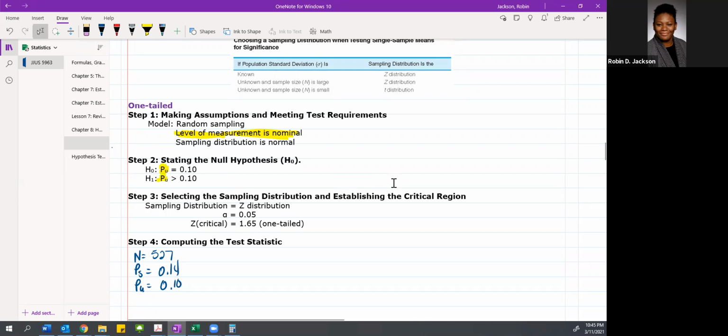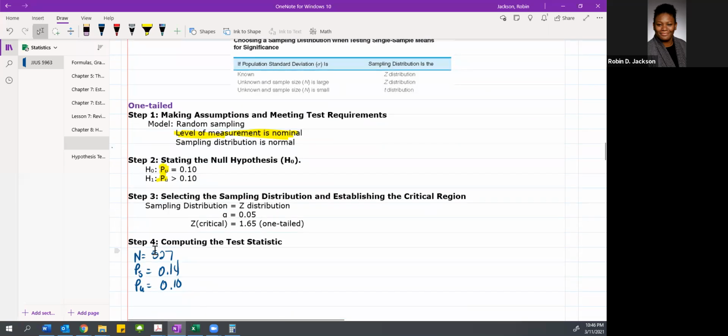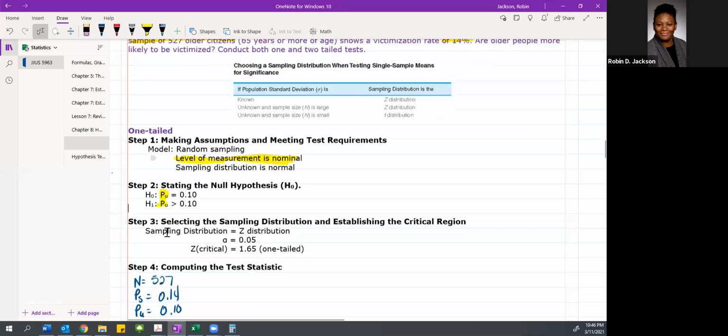Your null hypothesis, which is the first one, is that the population proportion is equal to 10. The alternative is that the population proportion is greater than 10. And here's why. Remember up here, it says, are older people more likely to be victimized? That lets us know that we're dealing with a one-tailed test. Plus, they tell us to conduct a one-tailed test.